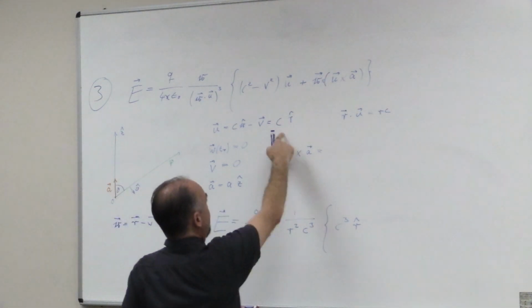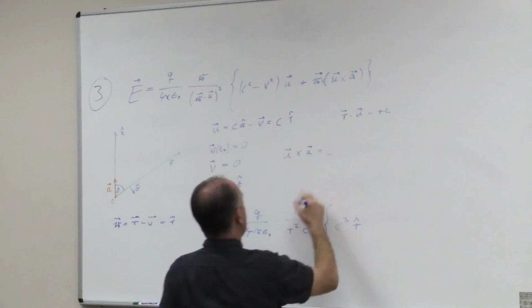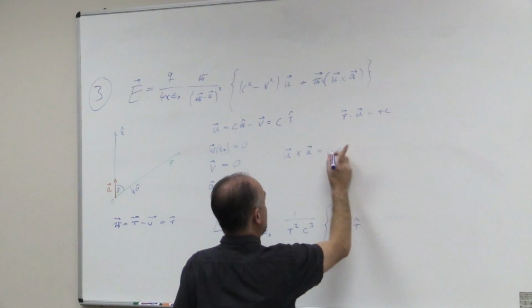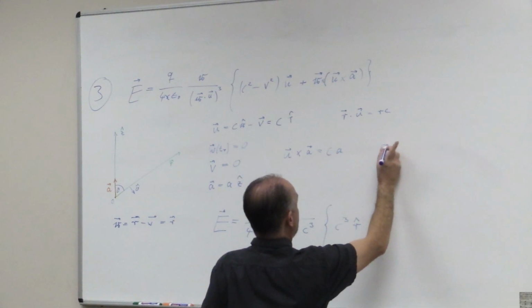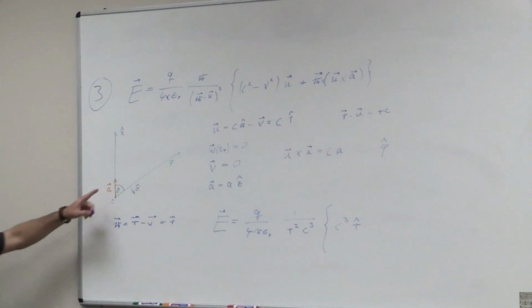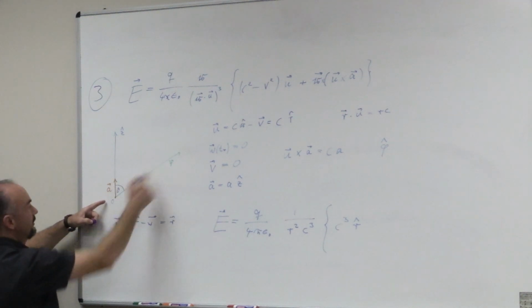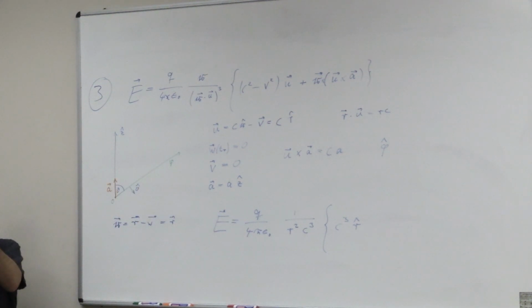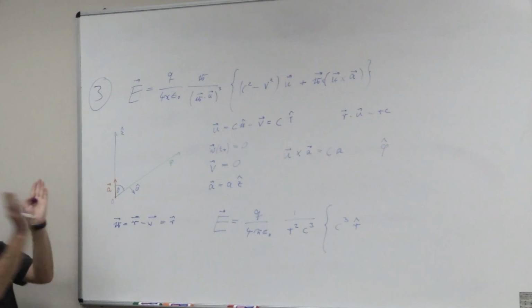So the length here is c, length is a, and so we said it points in the phi direction. Anything else that's missing here? What is the length of this? We have the length of u, the length of a. What's the length of the cross product? Length of the vectors times.